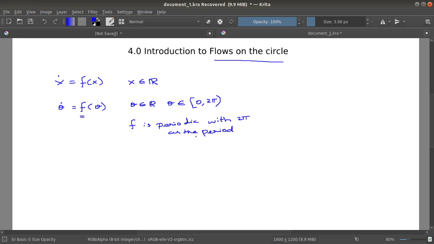What does that mean? It means f of theta should be equal to f of theta plus 2 pi.